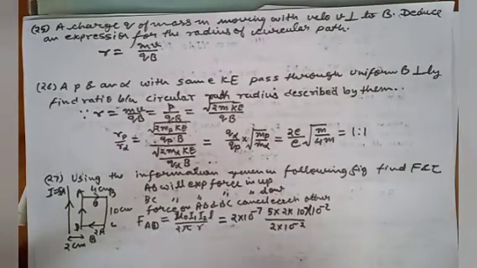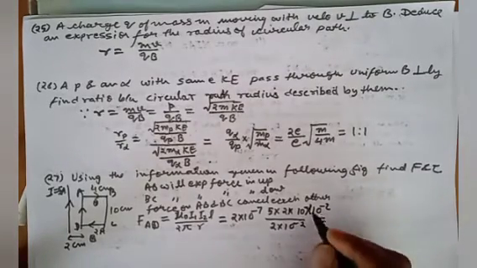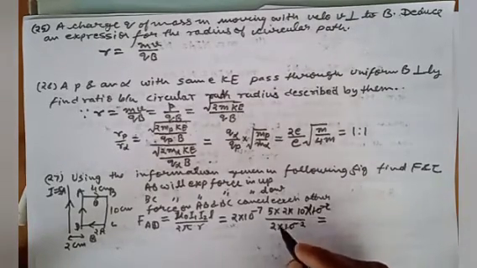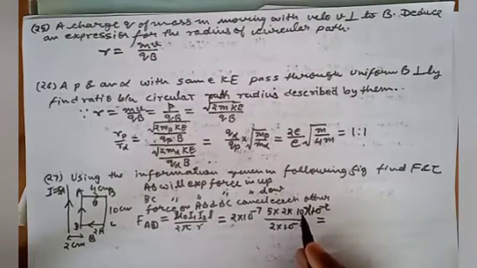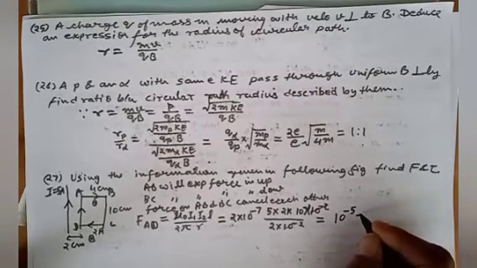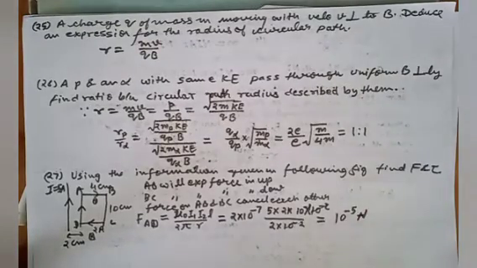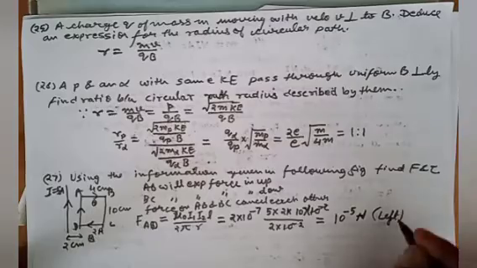So anything else I left? No. So for the final answer, 2 cancels, 5 into 10 and 10, so that will be 10 to the power minus 5 Newton, toward the left. I'm only writing left.